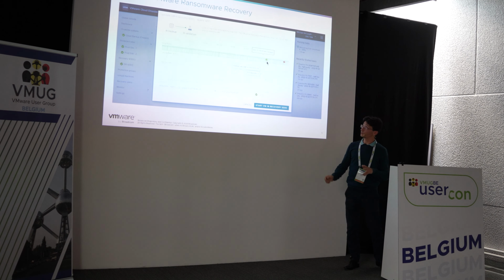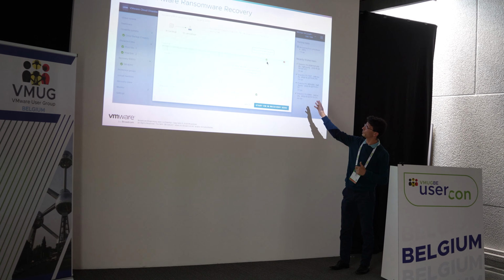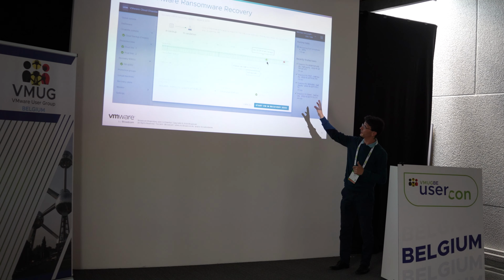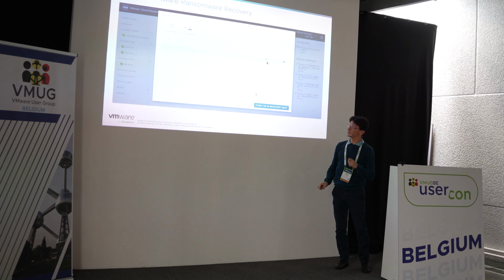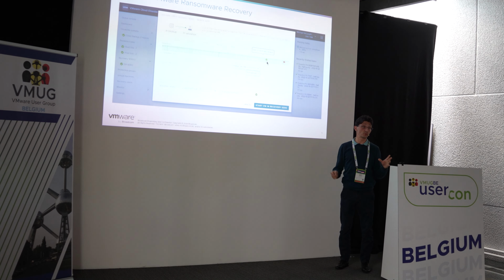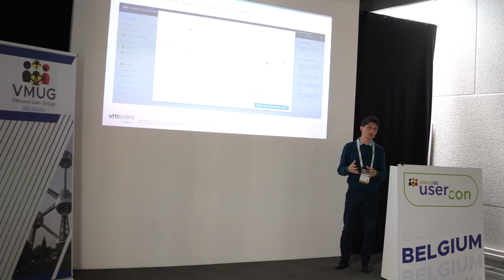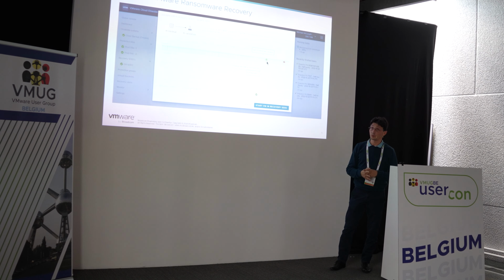What you can also do is mark a given snapshot with good or bad, and try another one. And this way you have a consistent tracking of what's going on. Also, within your team, you can spread the work on different VMs, different snapshots, and you have a common view of how far you are with the recovery process.